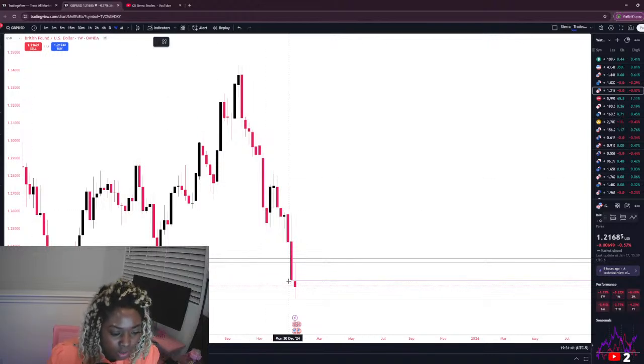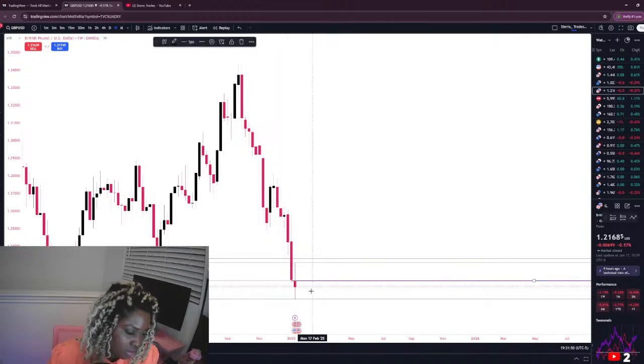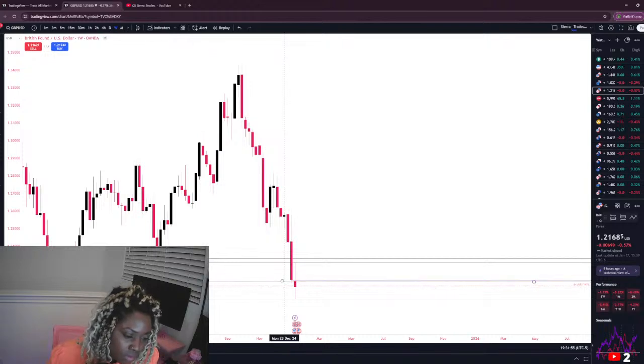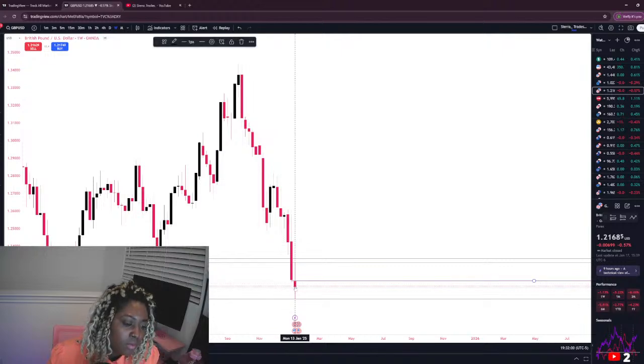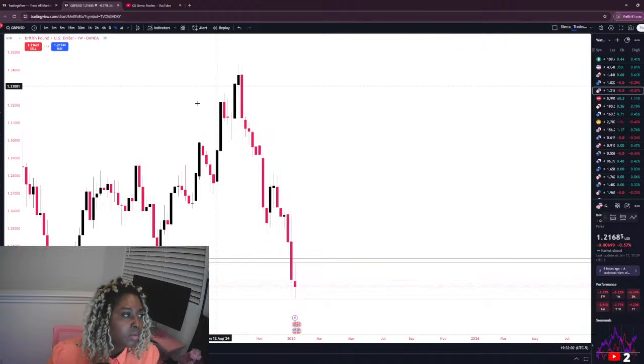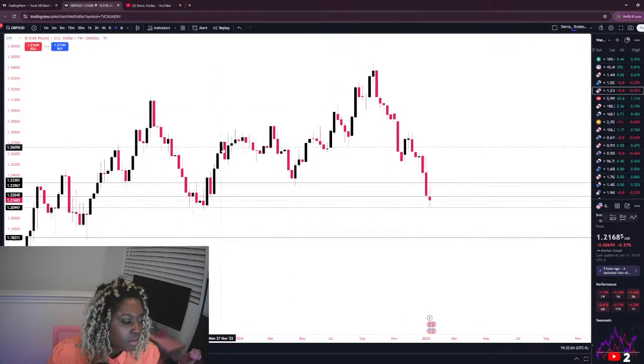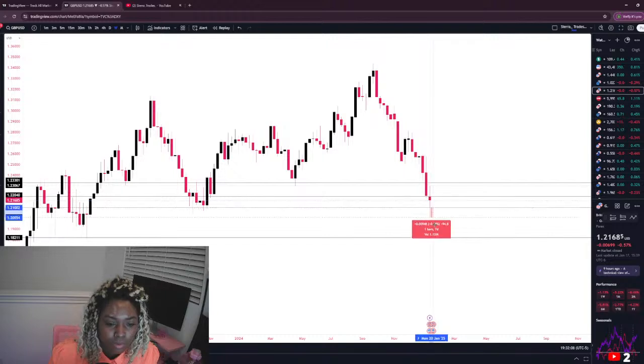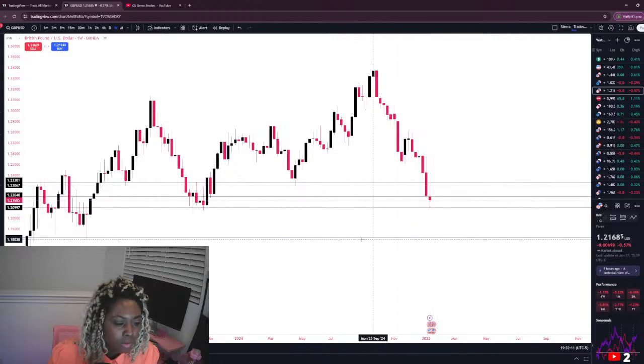And look how price closed right under the 50%. 200 pip range.